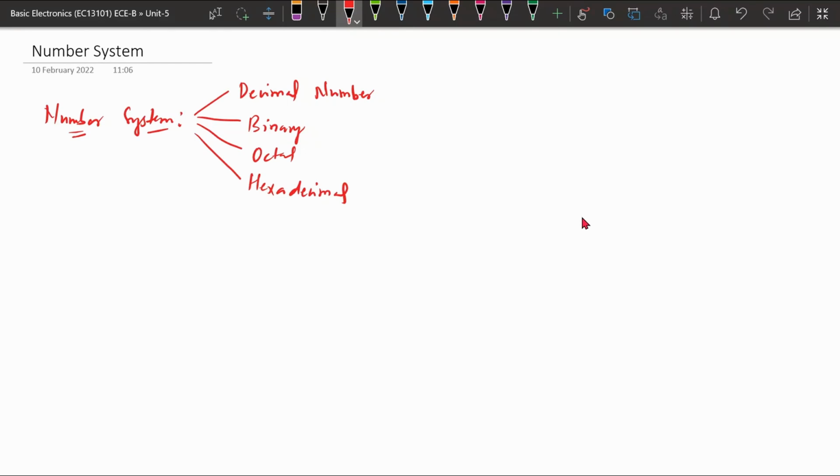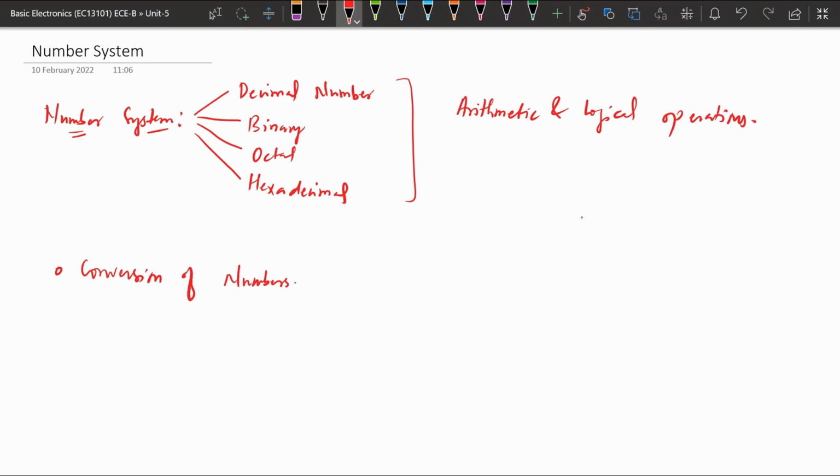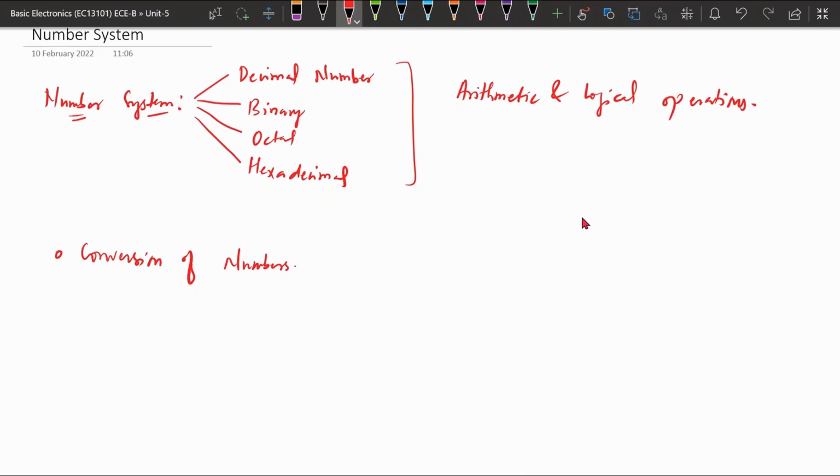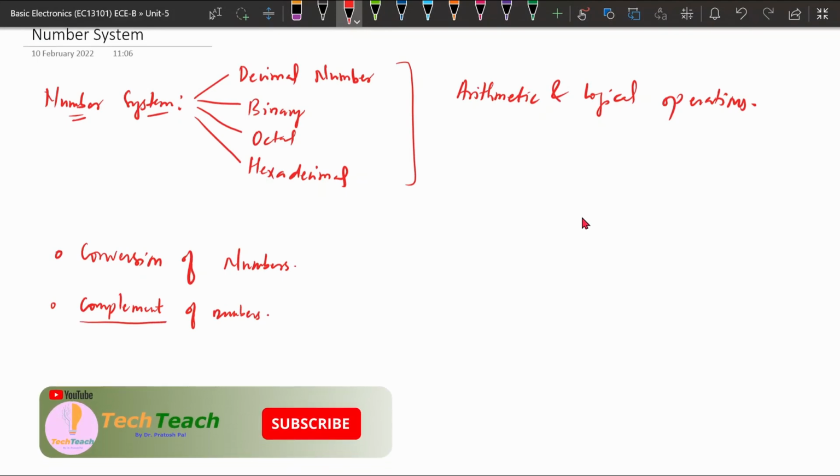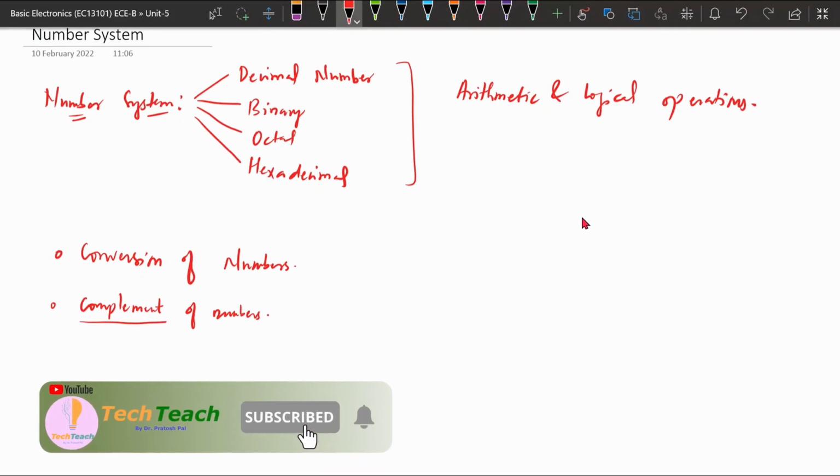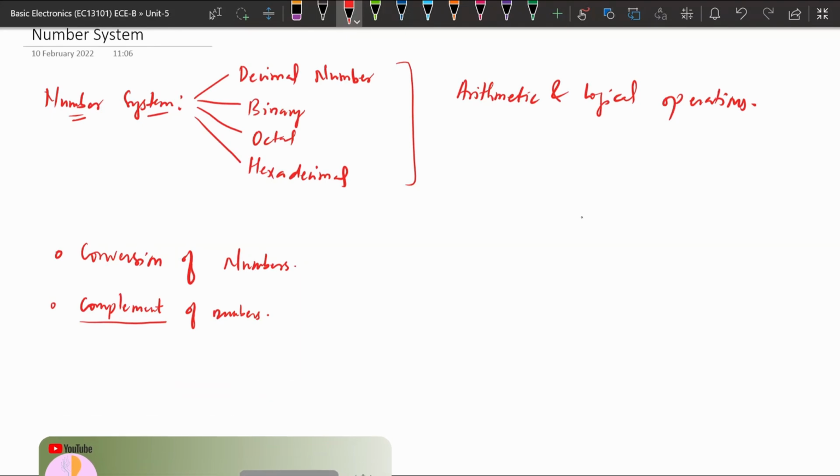Based on these number systems, we do arithmetic and logical operations. We will see how to convert one number system to another, and also how we can use the complement method for representation of negative numbers.